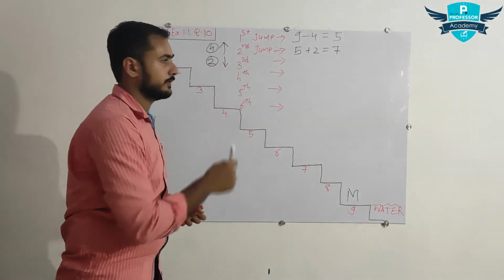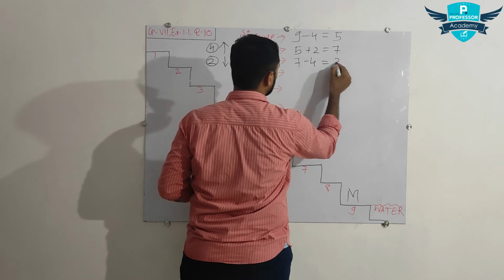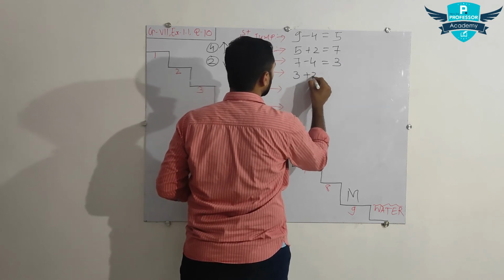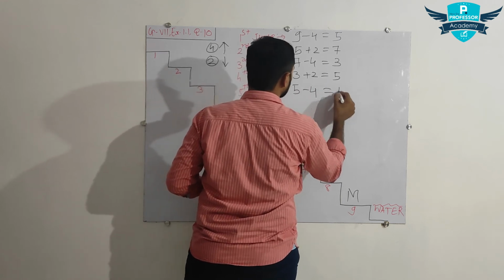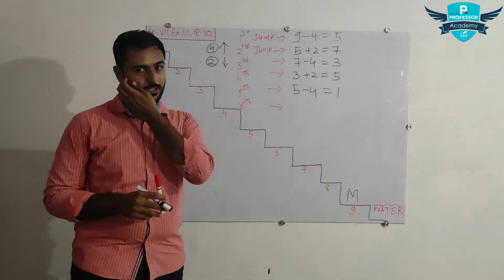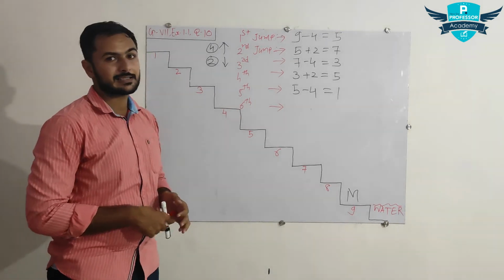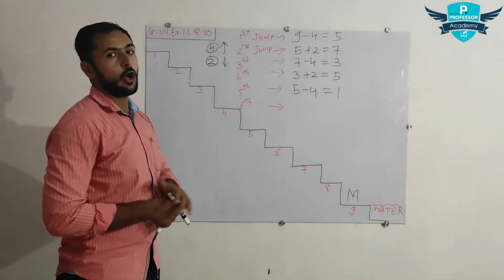Again up, so 7 minus 4, that is 3. 3 plus 2, that is 5. 5 minus 4, which is 1. Here we don't need to do the 6th jump. The monkey doesn't need to do 6 jumps. So our answer is after the 5th jump, the monkey will reach the top step.